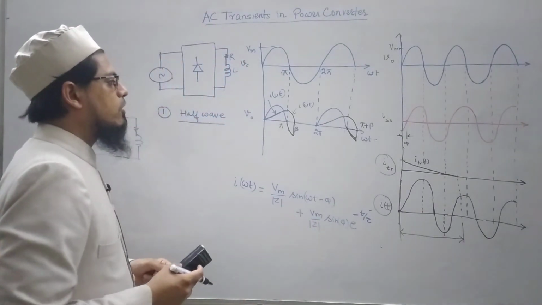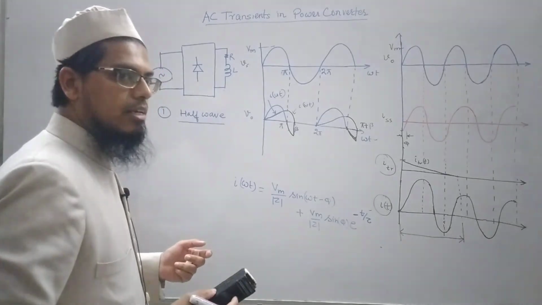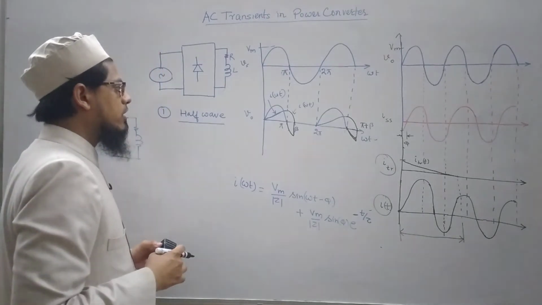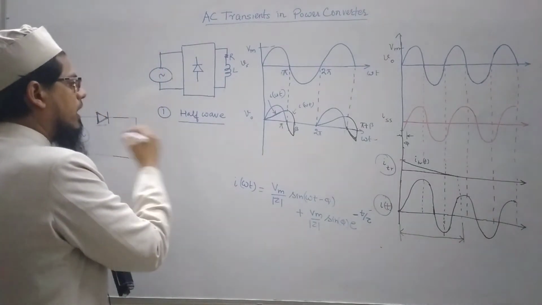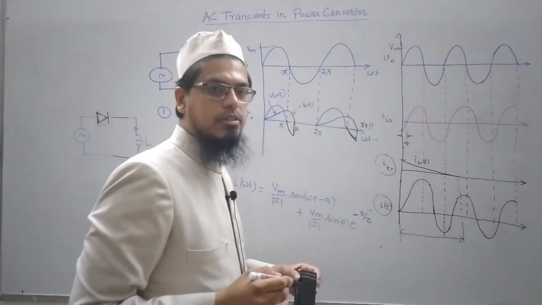Okay, fine. Now let us take the case wherein we have a value of L high enough to cause this current to be continuous.